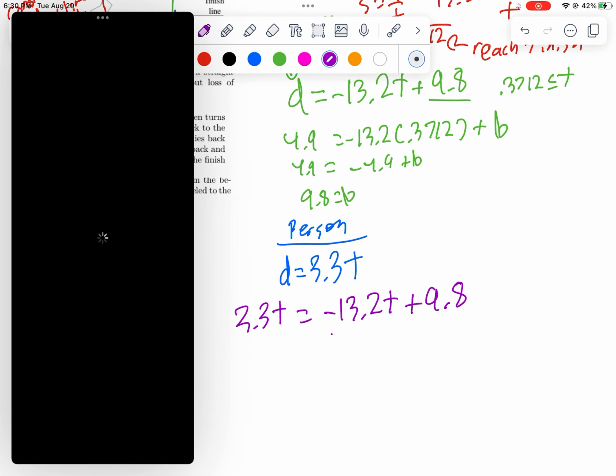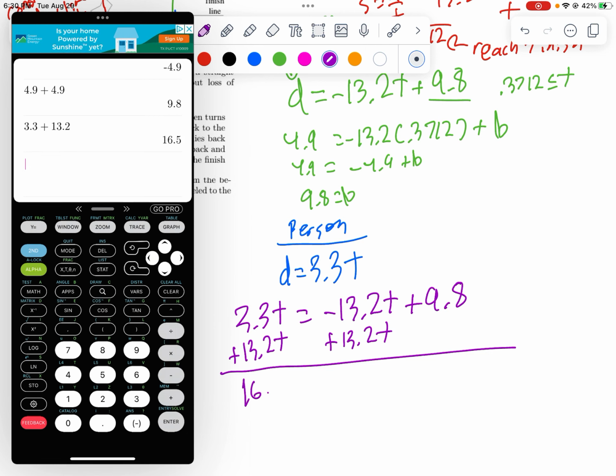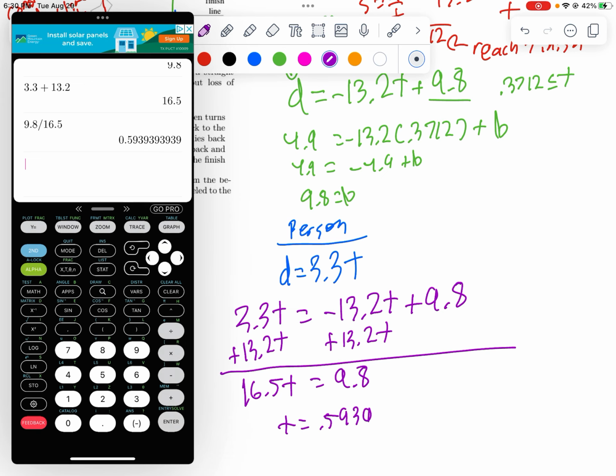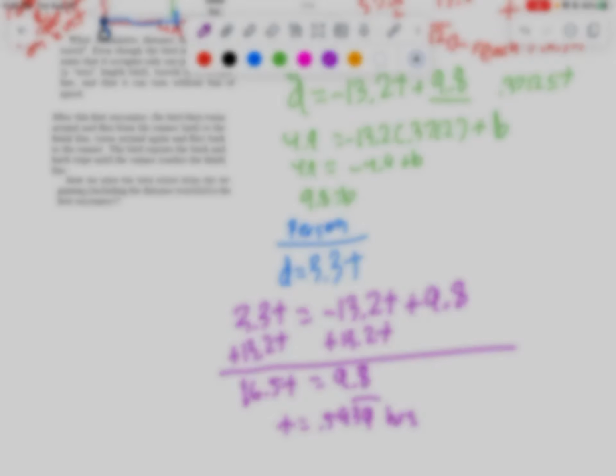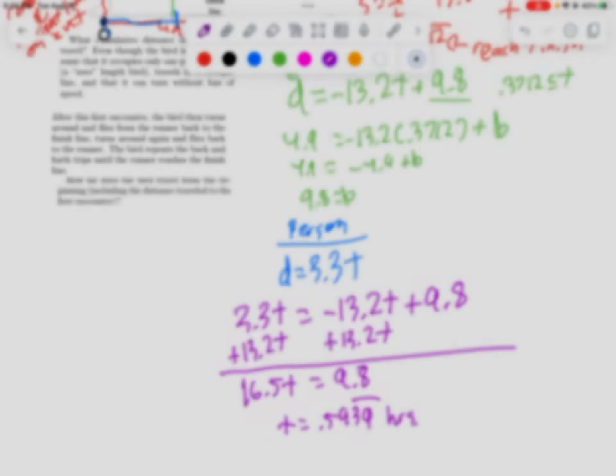So plus 13.2 t on both sides. 3.3 plus 13.2, 16.5 t equals 9.8. So 9.8 divided by 16.5. So t equals 0.5939, it just keeps going. Hours. So after 0.5939 hours, that is when the bird and the person intersect.